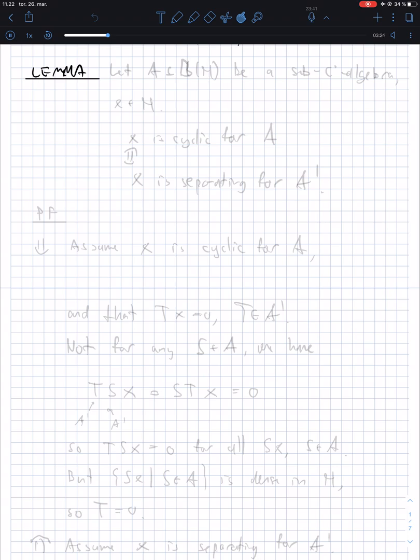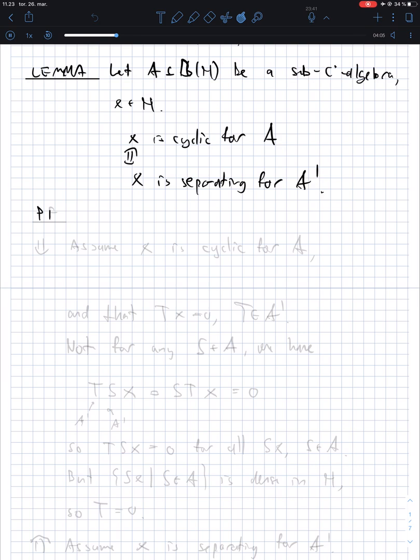It goes this way, so let A, just like before, be a sub C-star algebra, and X is in H. The theorem is that X is cyclic for A if and only if X is separating for A prime.